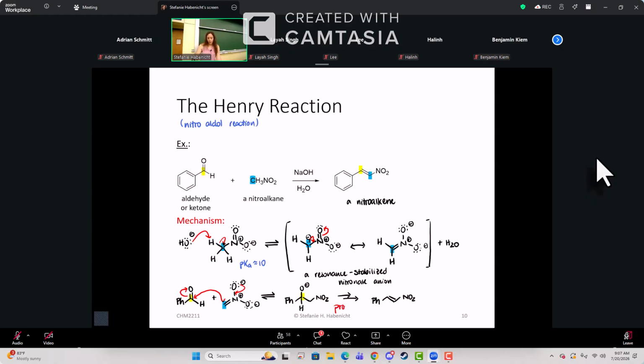What I recommend you do is try to draw that mechanism. Just follow the steps of the aldol mechanism, and you can do them side by side. Draw two mechanisms side by side, one step at a time. On one side, react benzaldehyde with nitromethane, and on the other side, react benzaldehyde perhaps with acetaldehyde as your fill-in for nitromethane, so that you can see that parallel.